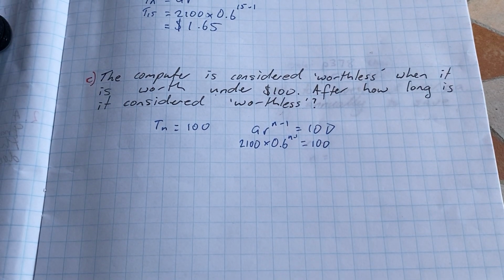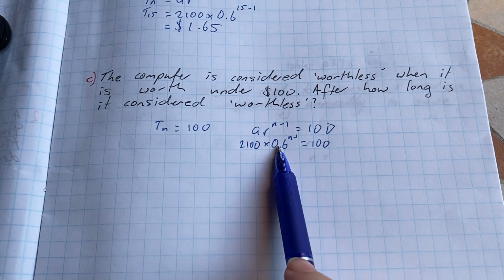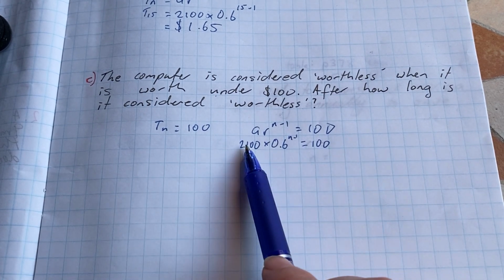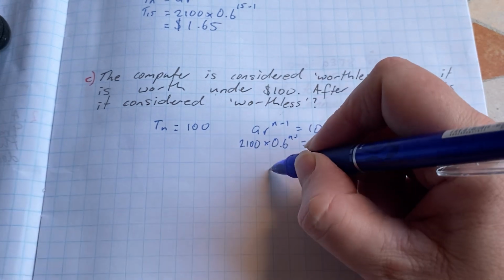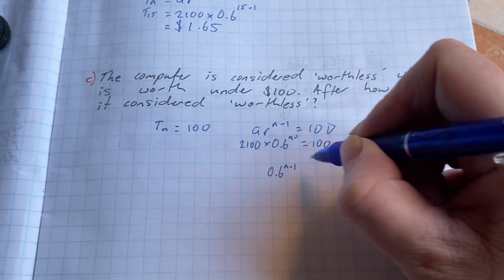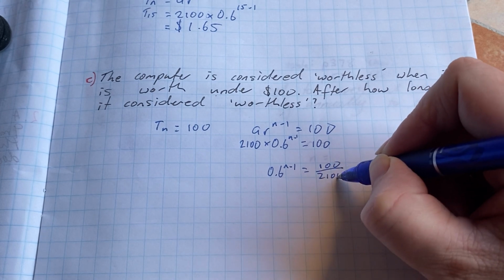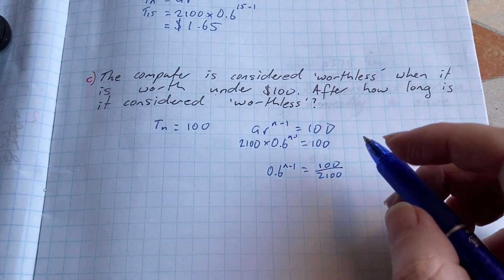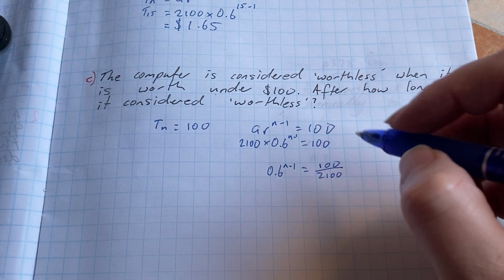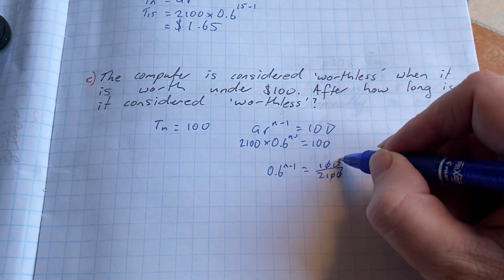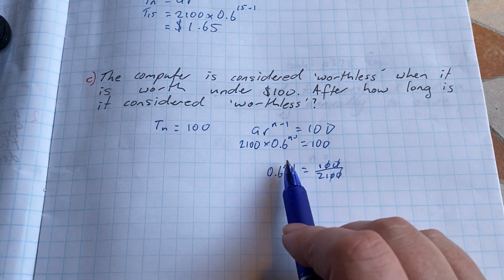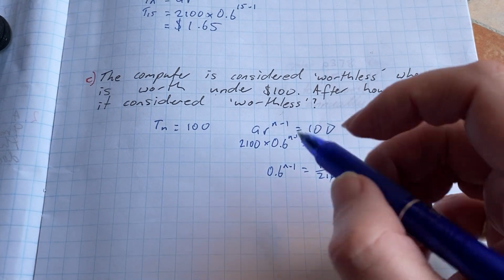Now we just need to solve this equation. Remember, you cannot multiply here. You need to divide each side by 2,100. So 0.6 to the n minus 1 is going to be 100 over 2,100. If you simplify that down, that's 1 on 21, just cancelling some zeros. Now when an unknown is in the power, remember we take the log of each side.